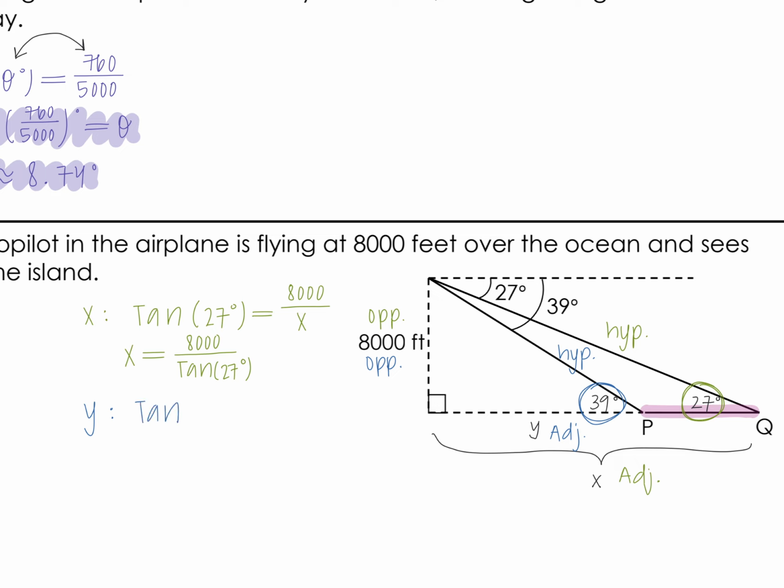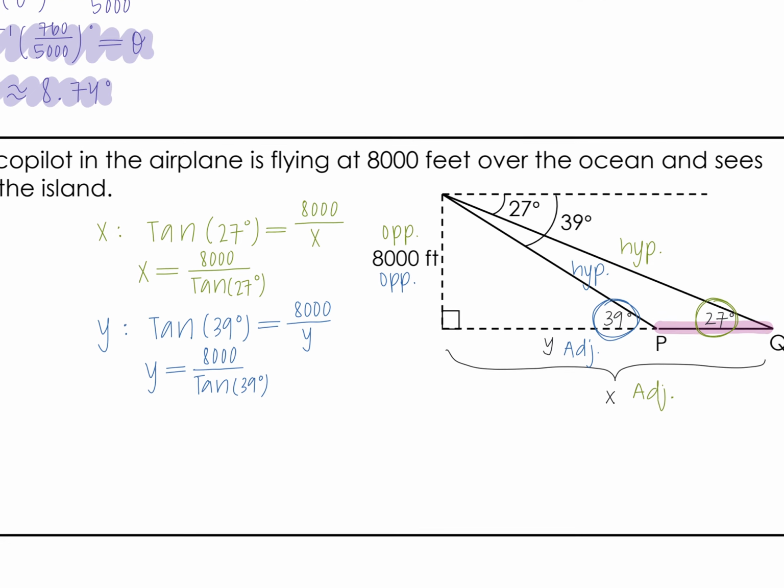So tangent of 39 degrees is equal to my opposite, 8,000, divided by my adjacent, which is that Y. So I'm going to switch my Y and my trig, and I'll get Y is equal to 8,000 divided by tangent of 39 degrees.